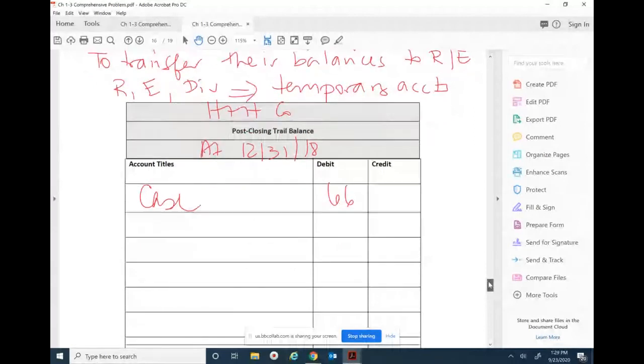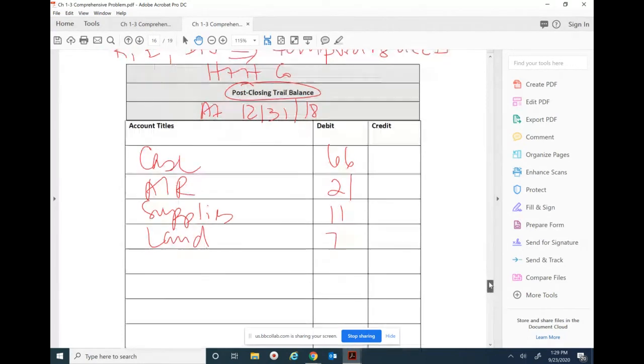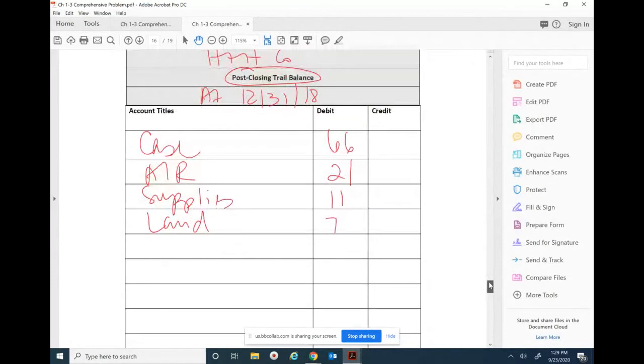All right, so here is the post-closing trial balance. This is the last step in the accounting cycle, in the accounting process. Like I said, all of those permanent accounts will have the same balances like before. And I'm not going to write all of them. I'll post the solutions to this problem on Blackboard shortly.